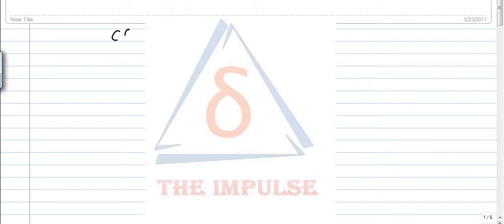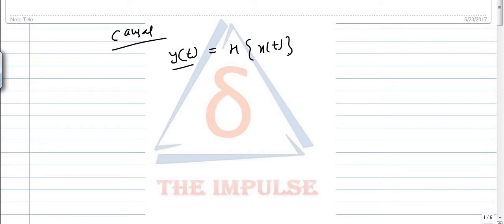To begin with the causal system, we know that any system can be represented like this block diagram: this is the output, this is the input, and this is the system operator H. If the input is passed through this system H, we get the output.